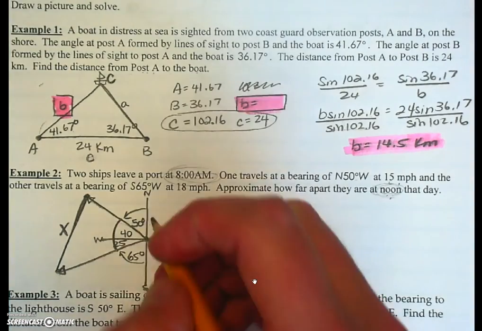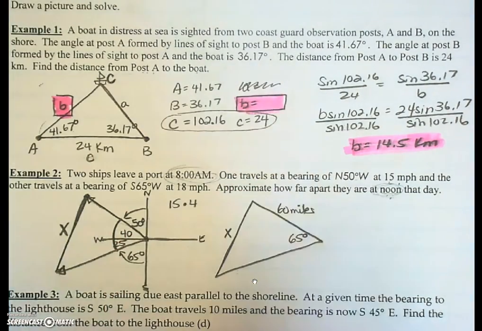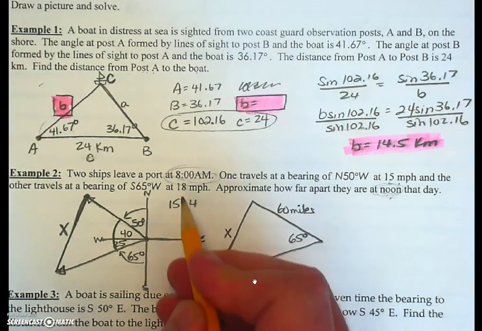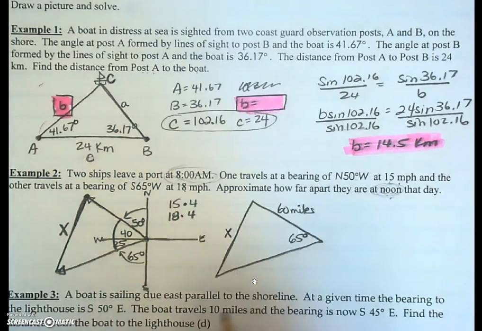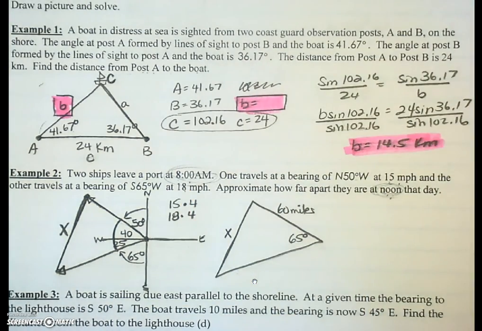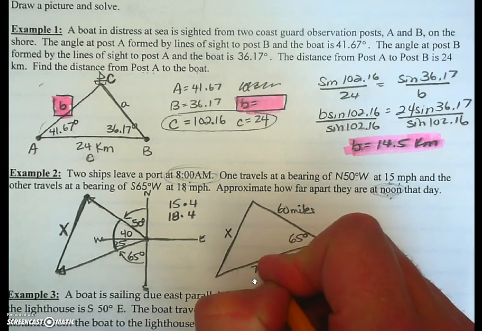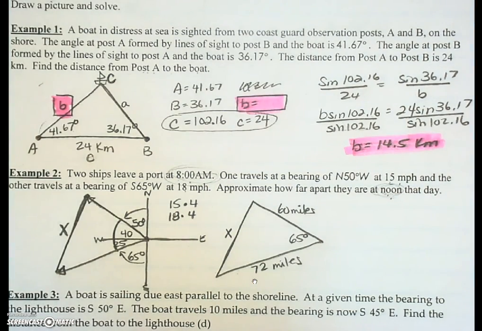And then this ship that went the southwest direction is traveling 18 miles an hour. So 18 miles an hour times 4 hours, again, it left at 8, it's now at noon, so 18 times 4 gives me 72 miles. So now I've got some more information in order to do this problem.